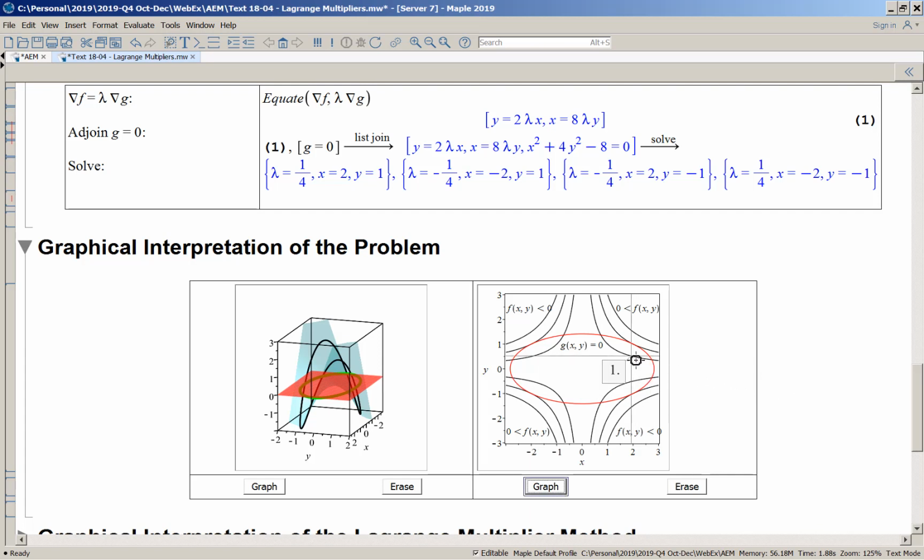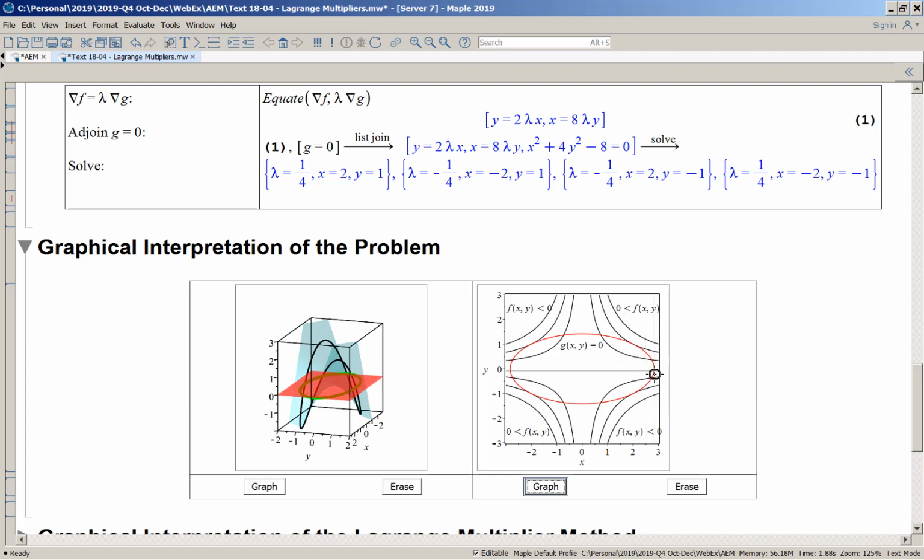So on this black curve, f has the value 1. Well, this one up here has a value 3, and this other one here has a value 2.